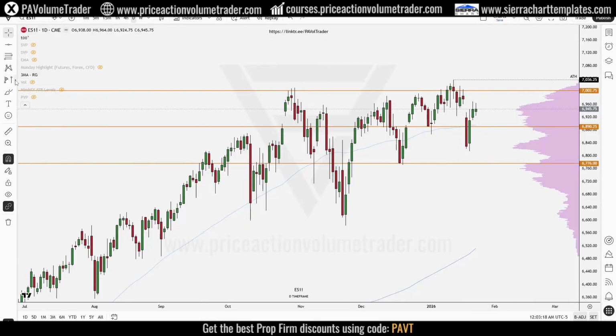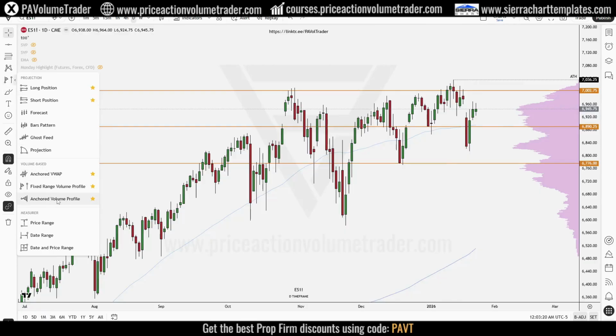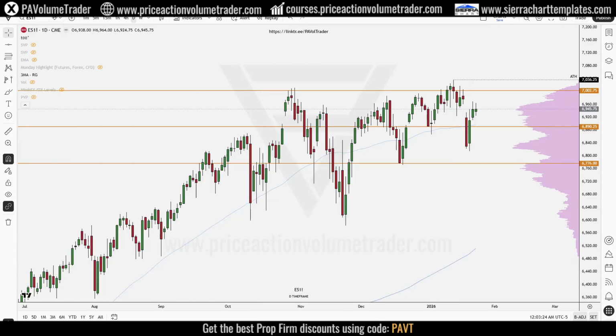For this, I use the anchored volume profile tool, which I also have here on my little shortcut tab that you have here. And you adjust this with this little star symbol on the bottom right here. You can activate or deactivate it.